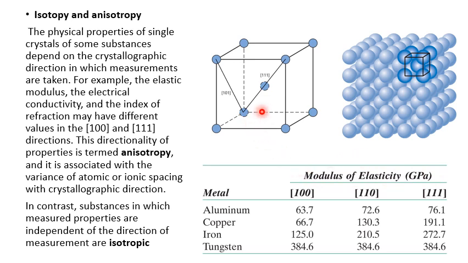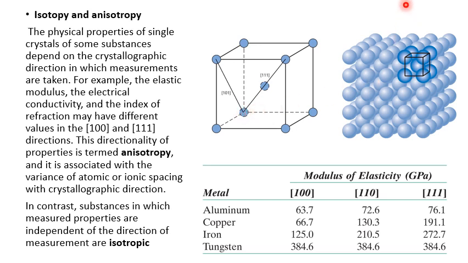If this is a single crystal material with BCC structure, and we measure the modulus of elasticity in this direction, which is the 001 direction, it would be different from the other direction.